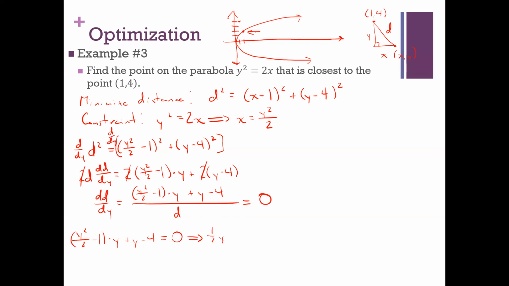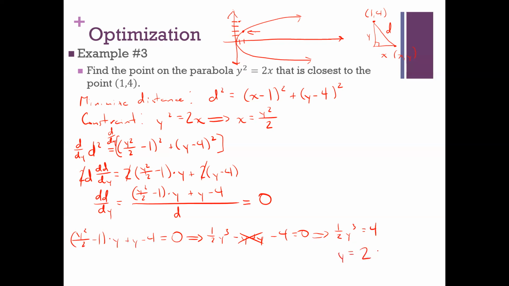So that's 1/2 y cubed minus y plus y minus 4 equals 0. So 1/2 y cubed equals 4. Yep, then we get y equals 2.